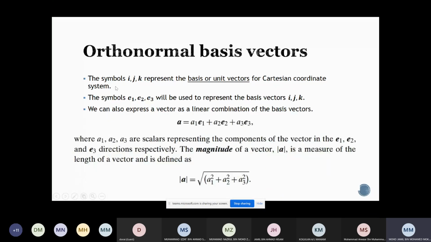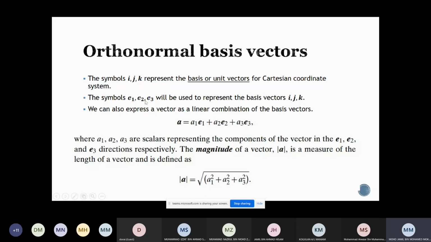Okay, so this is the same thing, but we use i, j, k usually during high school, in form 4, form 5. But in most textbooks, they use the e1, e2, and e3 symbols to represent i, j, and k.